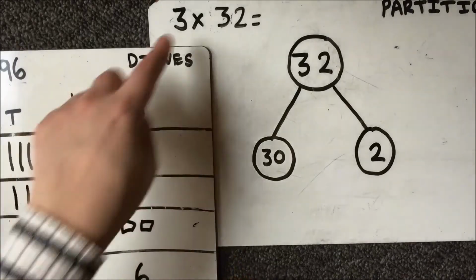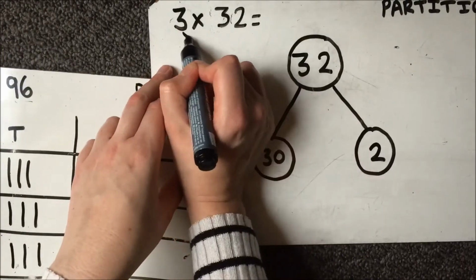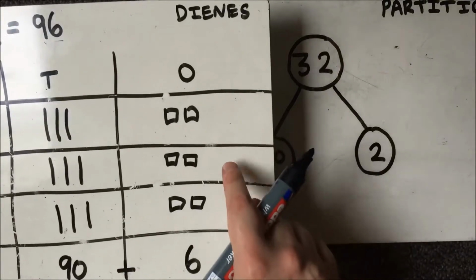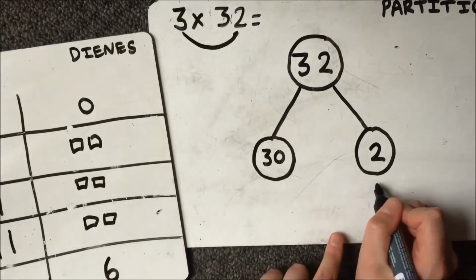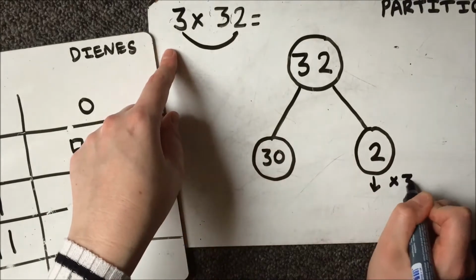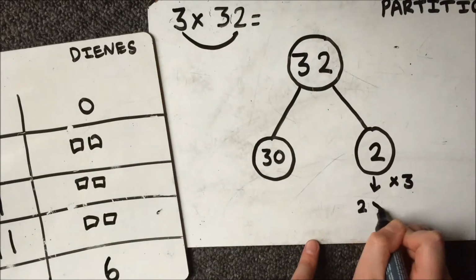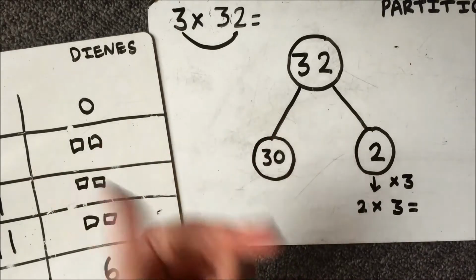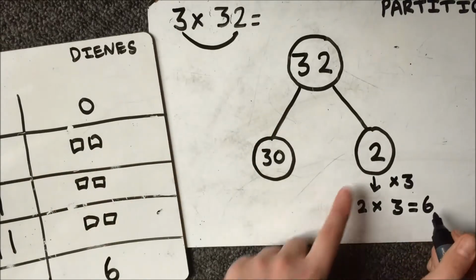We're just going to times it by 3. So we're going to do 3 ones times 2 ones, a little bit like here. So this becomes, I'm going to write times 3. We're timesing everything by 3. So 2 times 3 is, 2 fingers up, counting 3s, 3, 6. Start with our ones always.